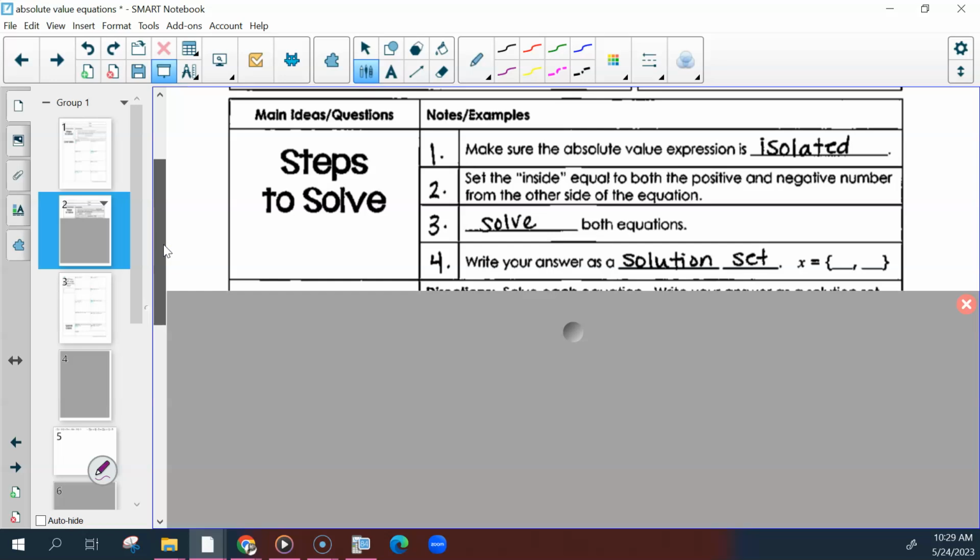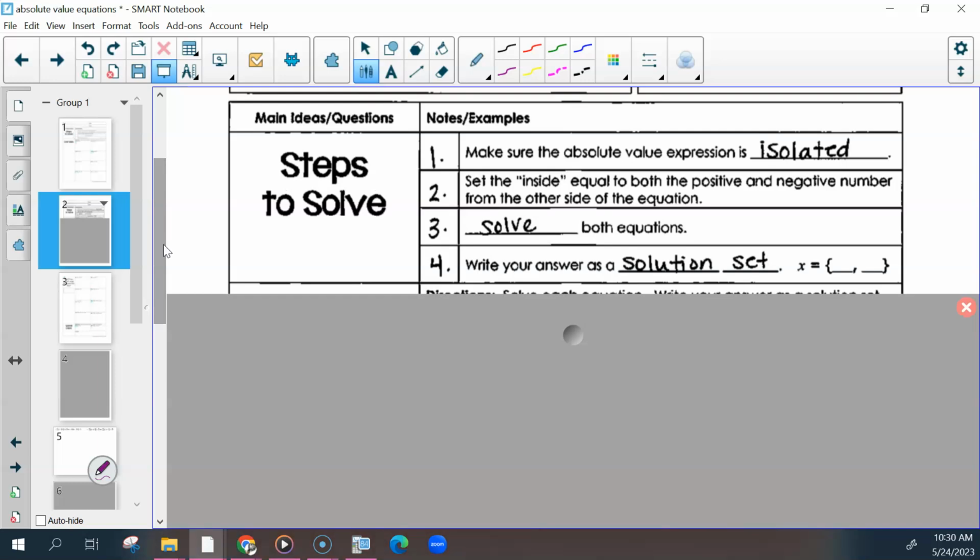So the steps to solve an absolute value equation. 1, make sure the absolute value expression is isolated. So the absolute value bars have to be by themselves. 2, set the inside equal to both the positive and negative number from the other side of the equation. We'll talk more about that when we see it. 3, solve both equations. And then 4, write your answer as a solution set.